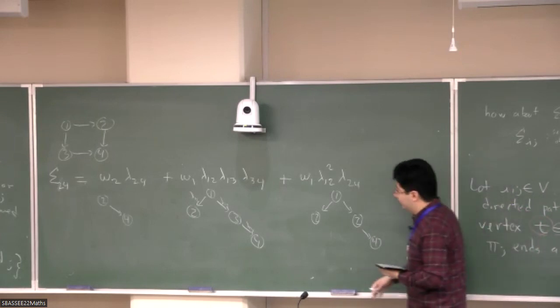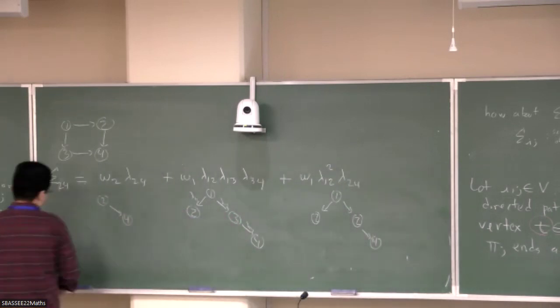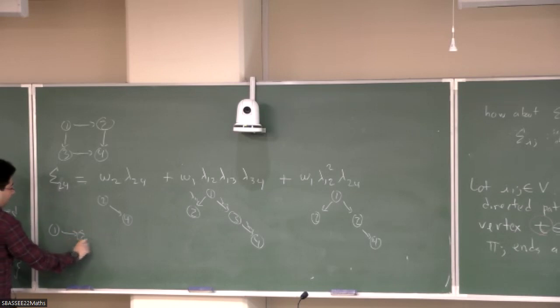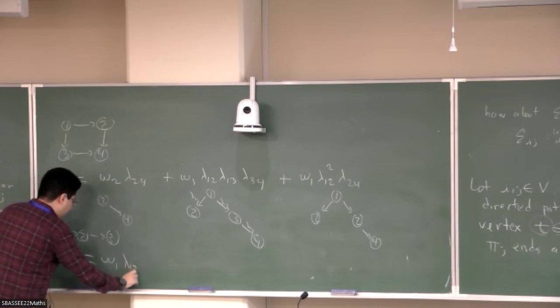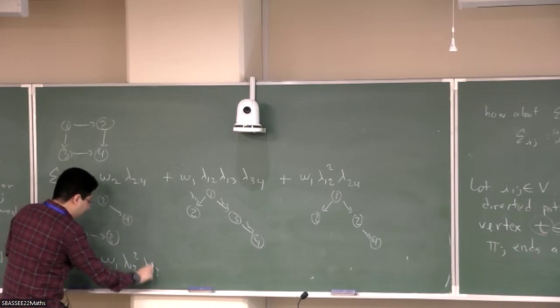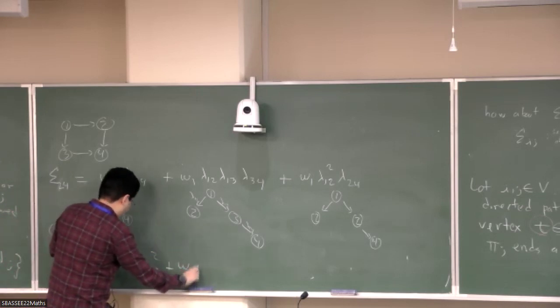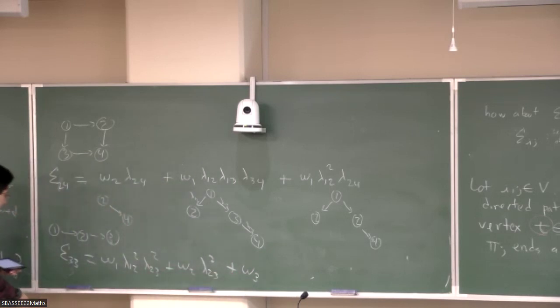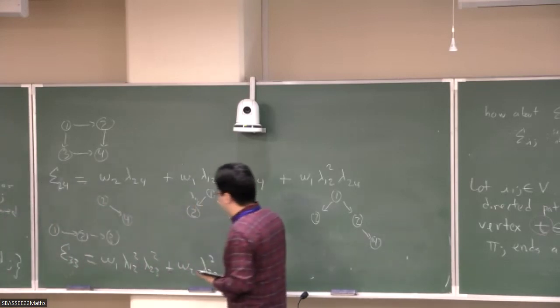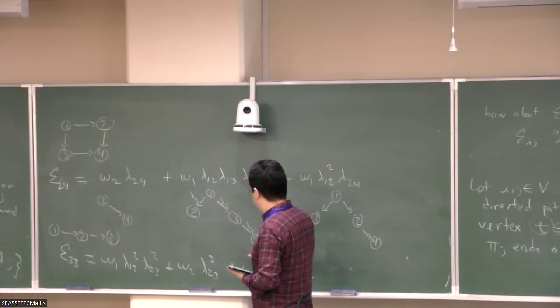Just because of time, I'm not going to write down the full matrix that we had before, but for this path I wrote down the full entries. What was sigma 3,3? If you have your notes, you will see this was omega 1 lambda 1 2 squared lambda 2 3 squared, plus omega 2 lambda 2 3 squared, plus omega 3. Now we can understand why these things appear. Omega 3 corresponds to the empty trek, just staying at 3.